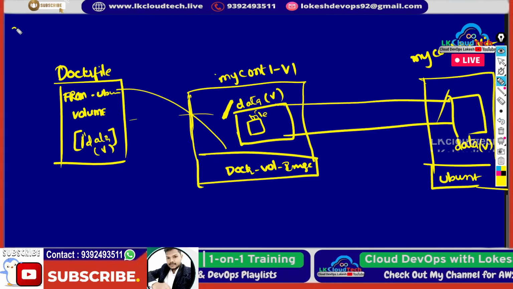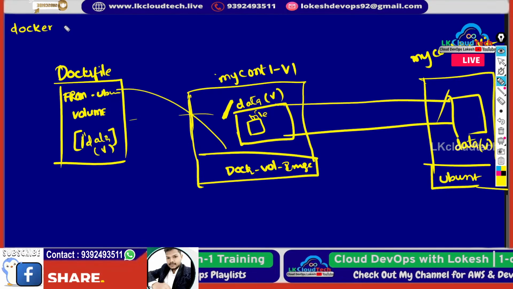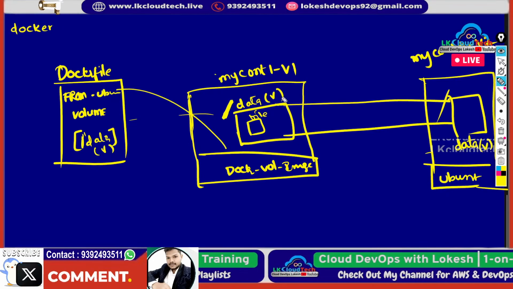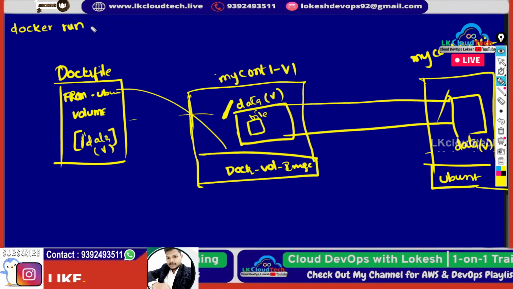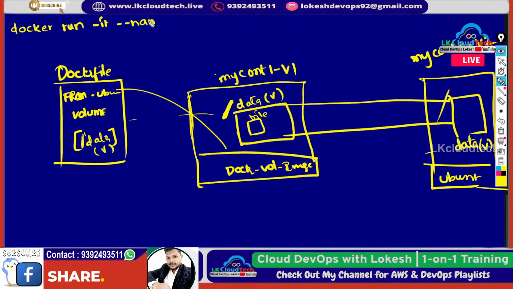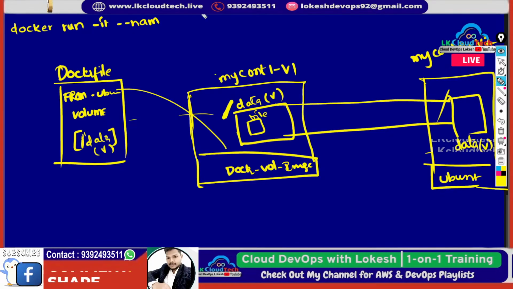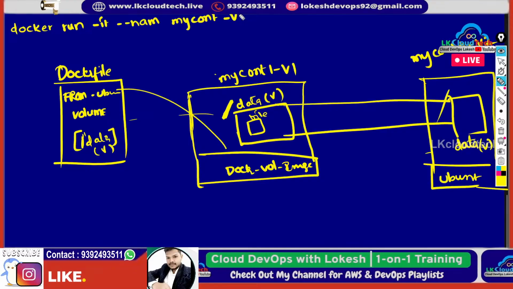I'll write here: docker. First, what do I have to do? I'll create a container. Run: docker run hyphen it hyphen name. What is the container name? My container volume 2.